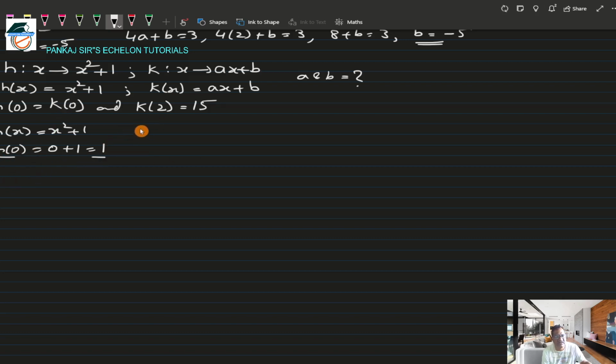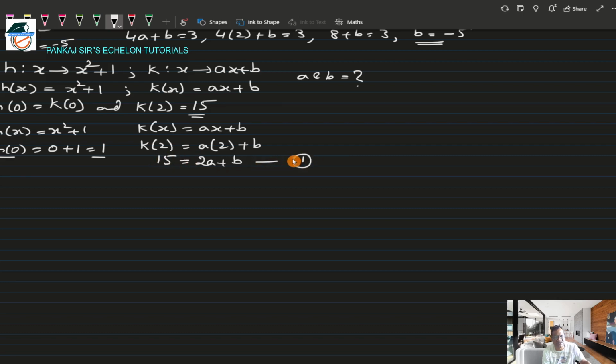Now it is given to me that k of x is equal to ax plus b. Okay, so k of 2 should be equal to how much? Now it will be a into 2 plus b, that is equal to 2a plus b. Now k of 2, the value is given to me as 15, so I can write 15 is equal to 2a plus b.